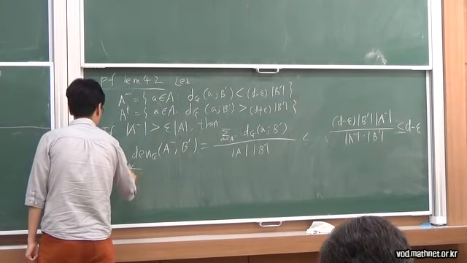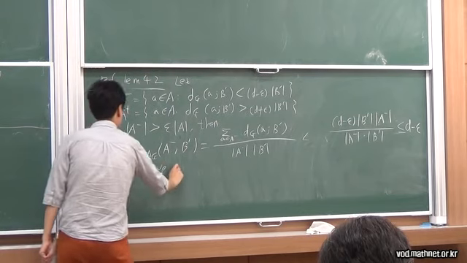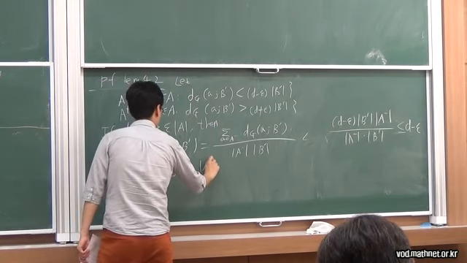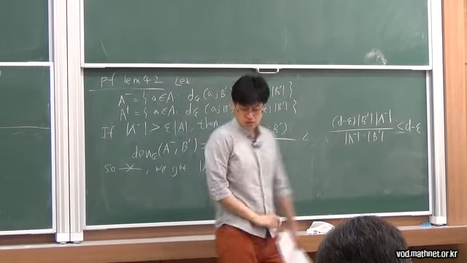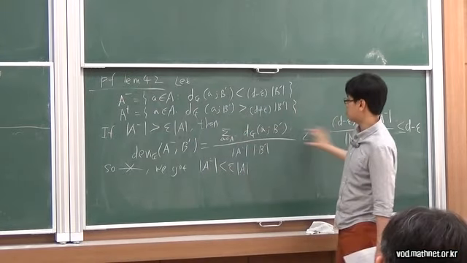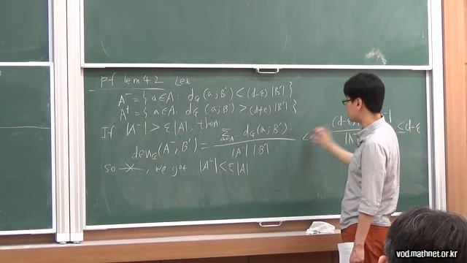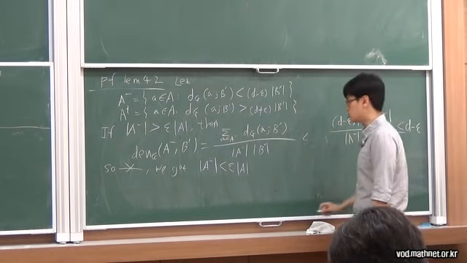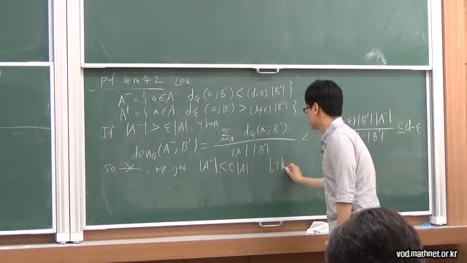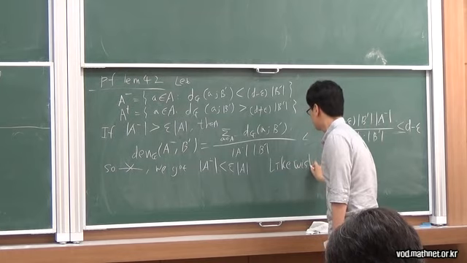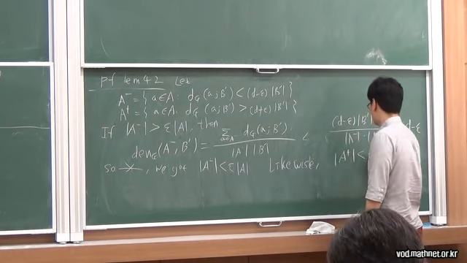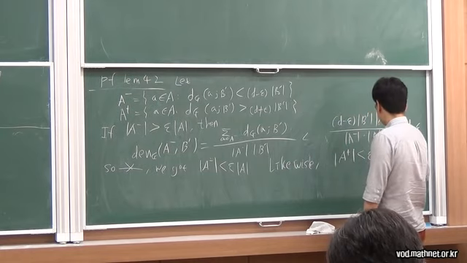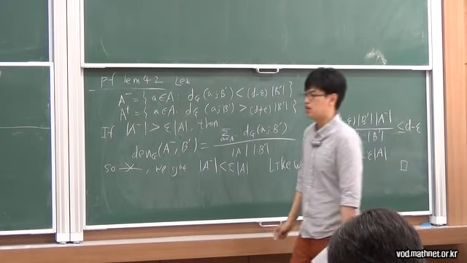So we get that A minus should be smaller than epsilon A. Likewise, everything is the same with plus and flipped inequality. We can also show that A plus is smaller than epsilon times A, which proves the lemma.